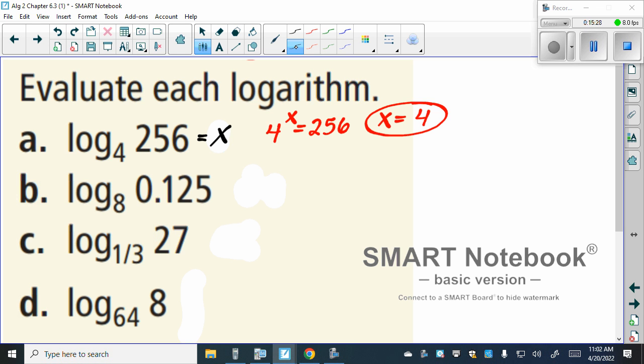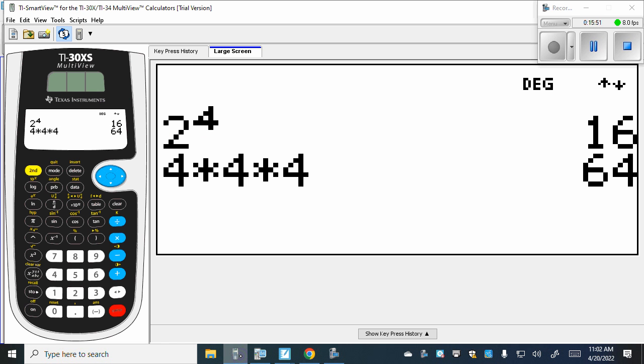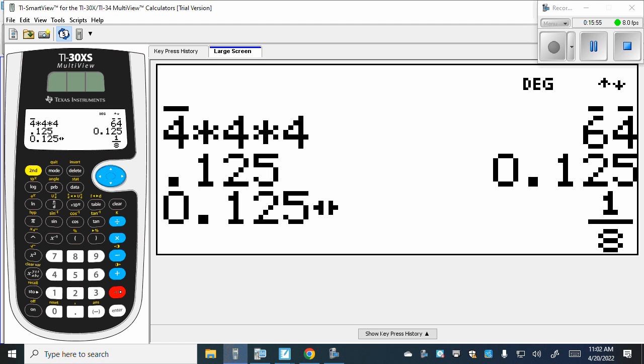Questions on A, how we got 4. Let's look at B. So if I rewrote this one as an exponential, we would have, what, 8 to the x equals 0.125. Okay. Again, it might be easier to rewrite 0.125 as a fraction. Well, 0.125 is 1/8.